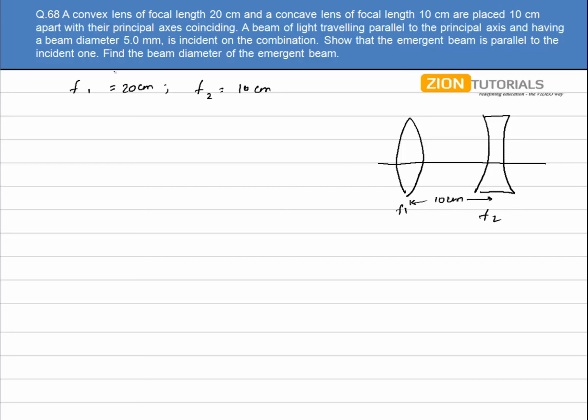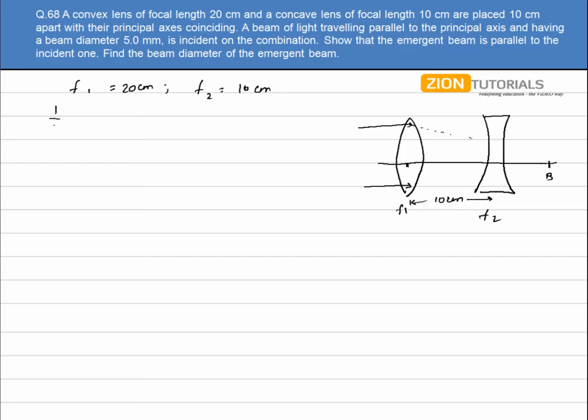Fine. Now what is happening is that the beam of light is traveling parallel to the principal axis. Alright, so clearly if it is traveling parallel to the principal axis, it will be concentrated at its focus. Its focus will be at 20 cm from the optical center, let us say at this point, B point.